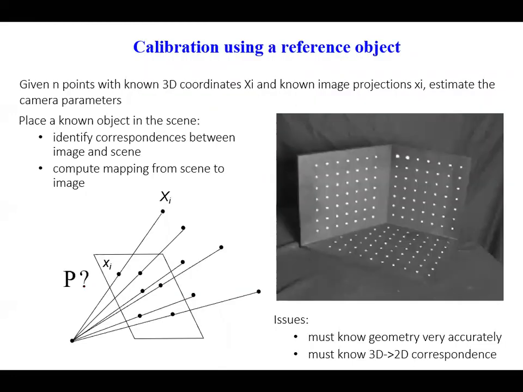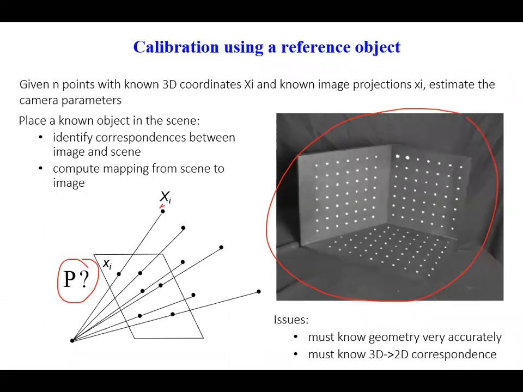We already mentioned that we will have a shape like that, which we already know in advance, all of the parameters in X, Y and Z. We know exactly in the real world object where the coordinates are, what the distances are, and so on and so forth. And then we know the image, and we map this point to this point, and so on, and then we will get the P.